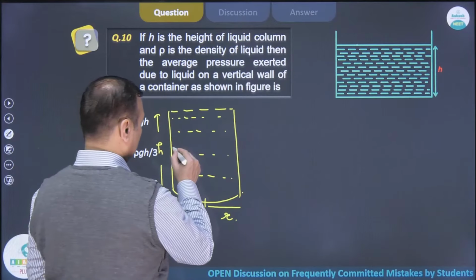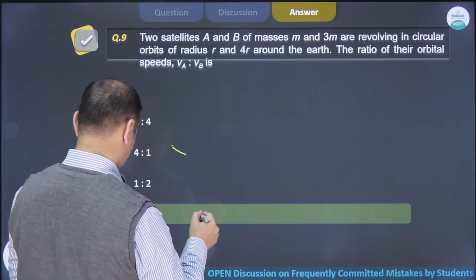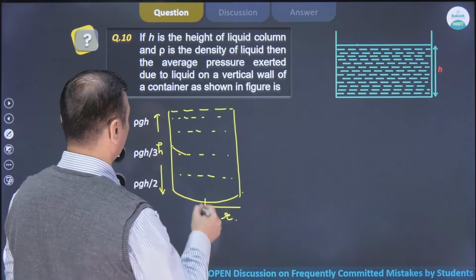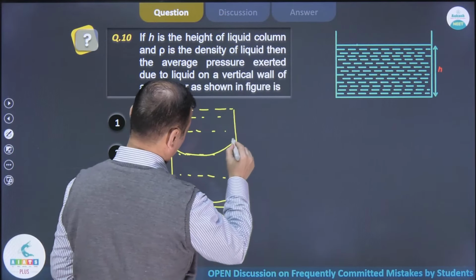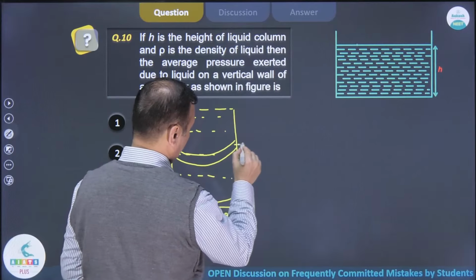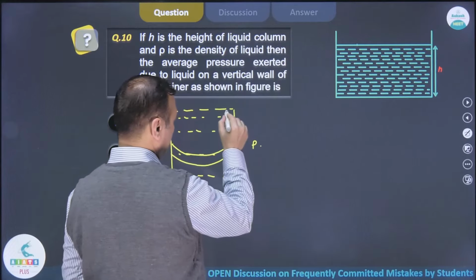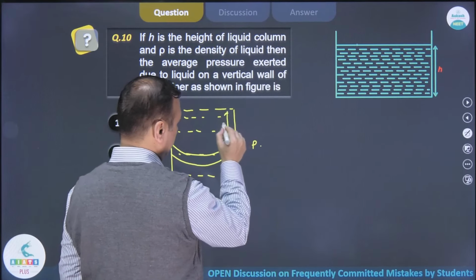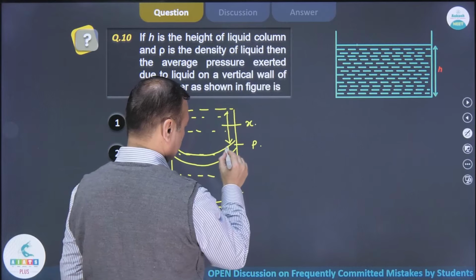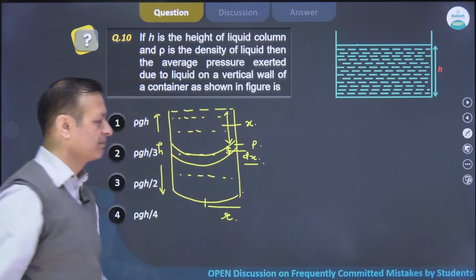So for that, we'll consider a small cross section, and we'll observe a point, let's suppose some point P at this position, which may be at a depth x, and we have assumed this strip is of width dx.